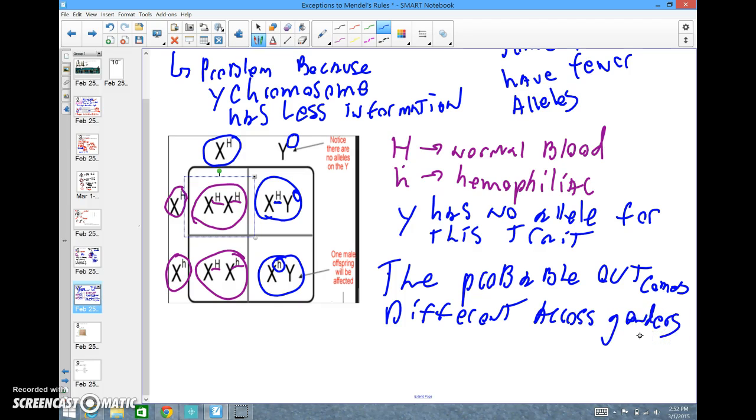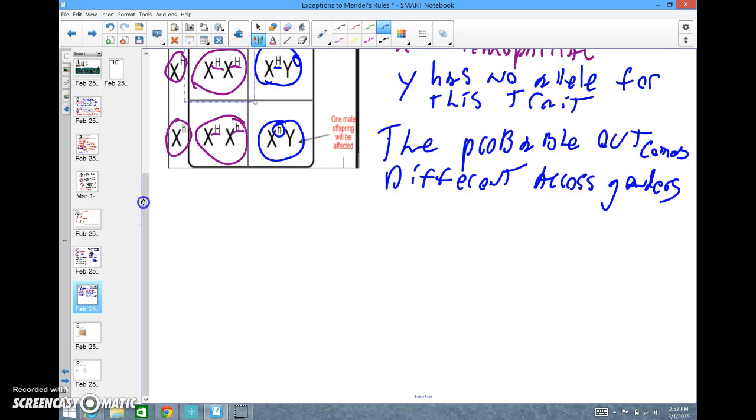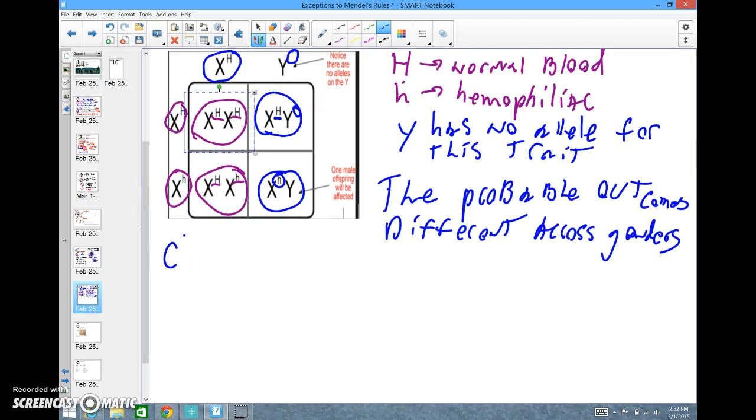All right, so if I was asking you about this couple's children, okay, I could tell you that 75% are normal, 25% are hemophiliac.